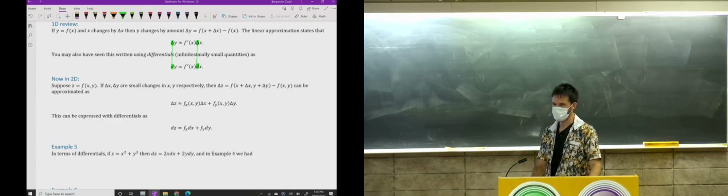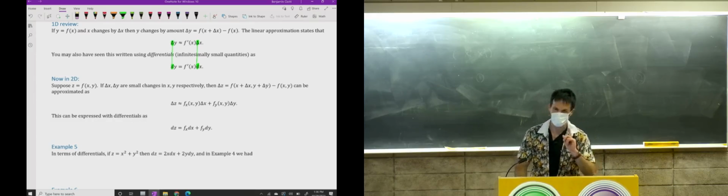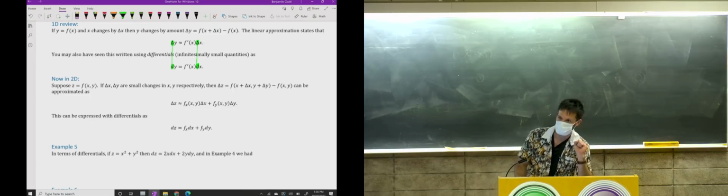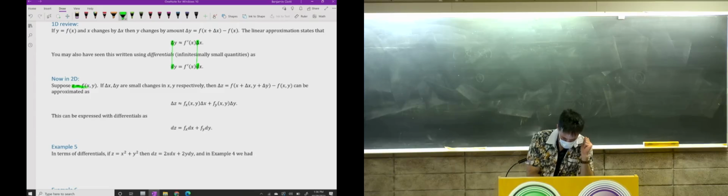So now let me try and explain the higher dimensional analog of this concept. Once again, I'm going to first write things down using deltas. Suppose that z is f of x and y. Suppose that x and y both change by small amounts, delta x and delta y respectively. Well, then z changes as well.